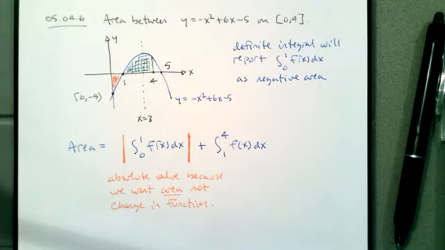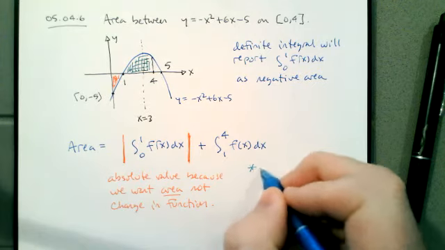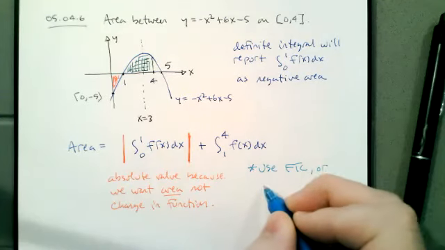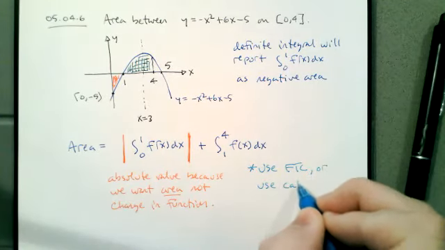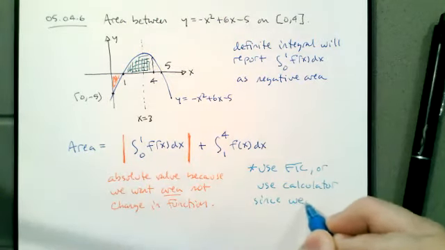And this we can calculate with the fundamental theorem of calculus, or, since they're asking us to round the answer to 3 decimal places, that tells us to skip the fundamental theorem of calculus and just use the calculator.